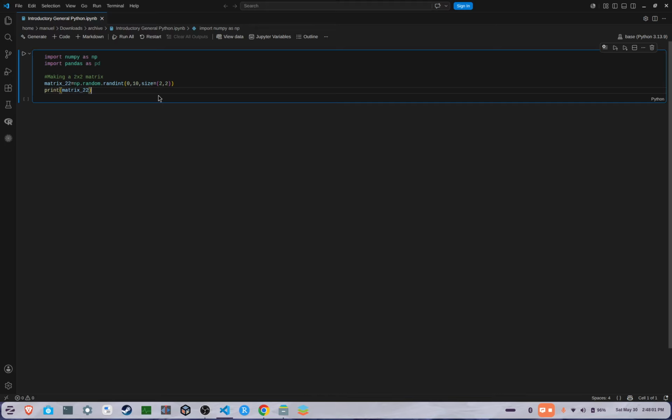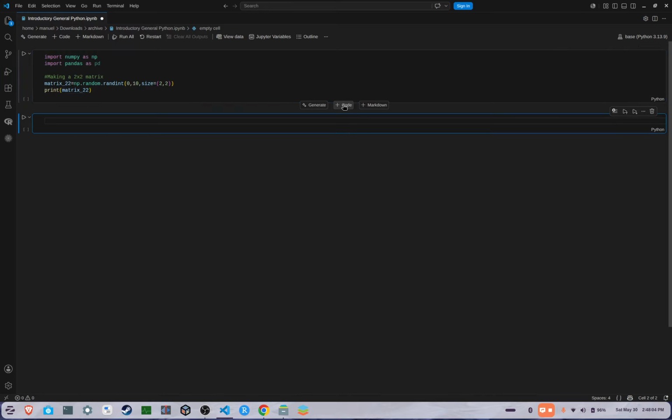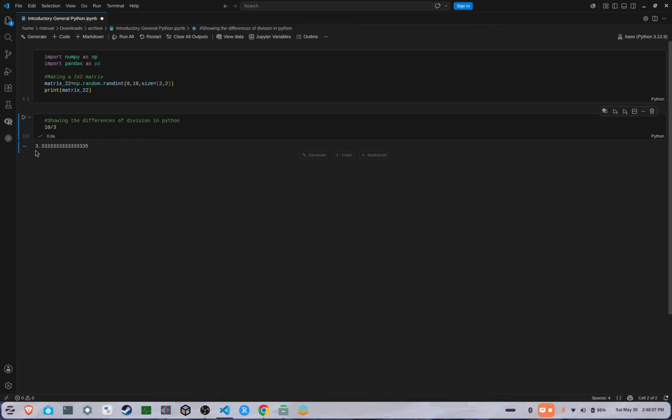Let me open up a new code window and we'll show the differences of division in Python. So we have, let's say, 10 divided by 3. We get 3.3333, and so on. Notice how we have the whole number and the 0.33.